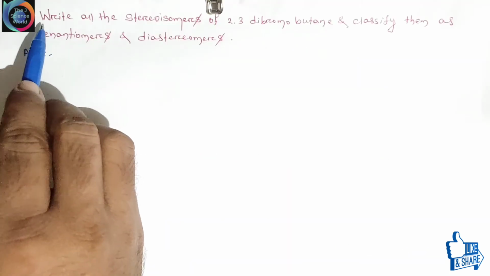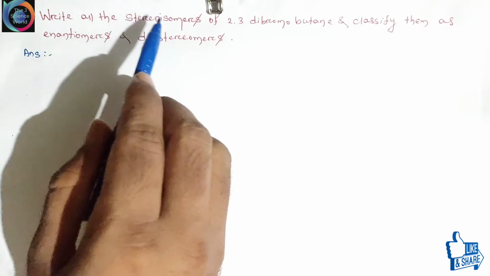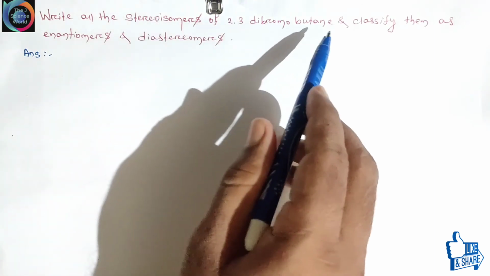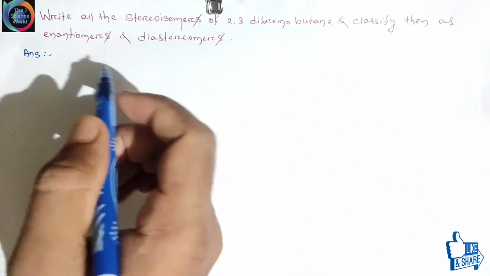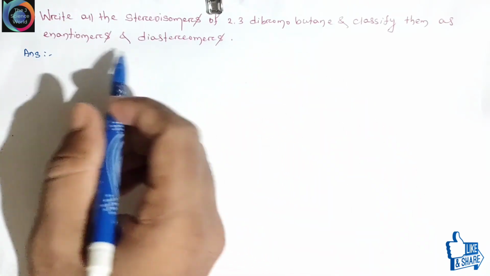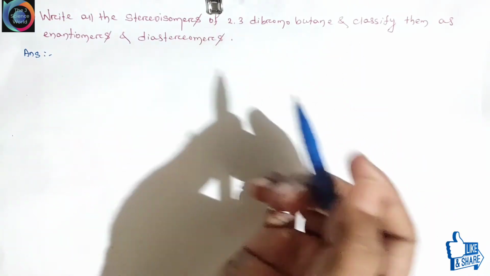Let's move on to the next question. This is question number G. Write all the stereoisomers of 2,3-dibromobutane and classify them as enantiomers and diastereomers. Before discussing this question, let's have a look. This is the structure of 2,3-dibromobutane.